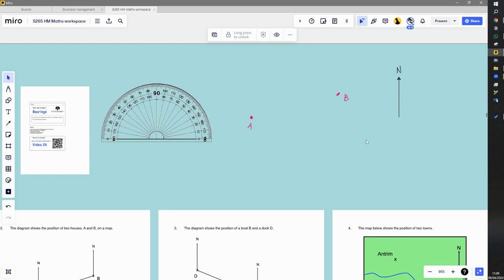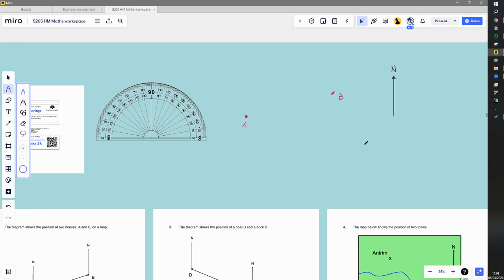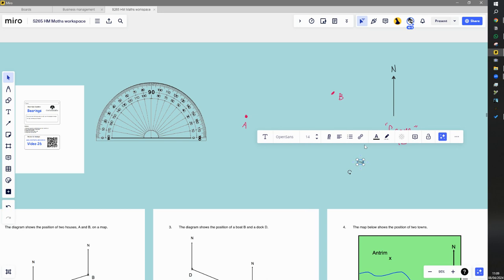Now, there's a couple of words we need to pay special attention to in this topic, and that is the word from and the word to. So the question might say something like the bearing from A to B. Okay, so it's got the word to in that, and it's got the word from.